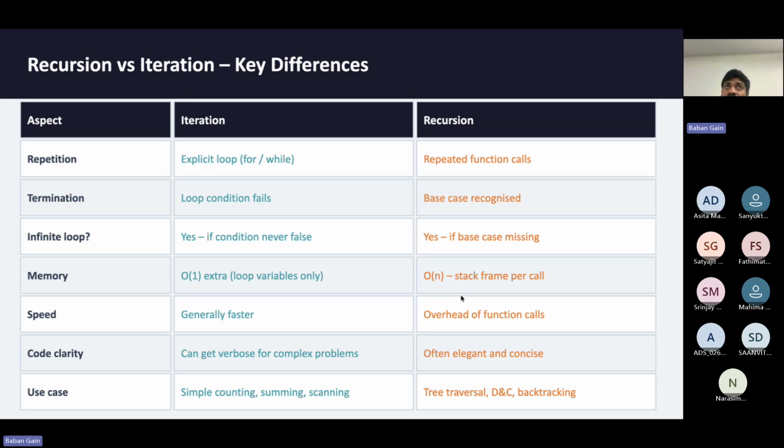Let's say in case of binary search or merge sort, we divide an array into multiple parts. We can decide that this is the midpoint, and we can decide the solution is in the right side, and then we can use recursion to search within the right side only, like that.